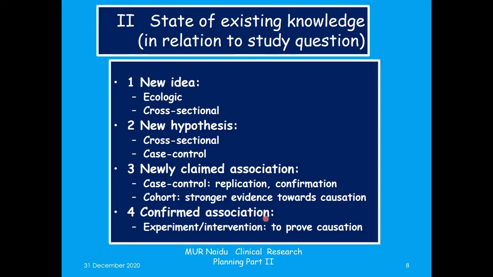In that condition, an experimental design will be conducted, or we have to go for an intervention with a particular drug or new therapy to prove the causation. So the existing knowledge is very important also to identify the study design and type of study which has to be planned.